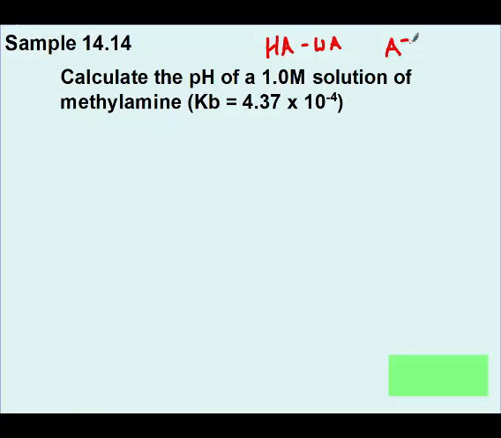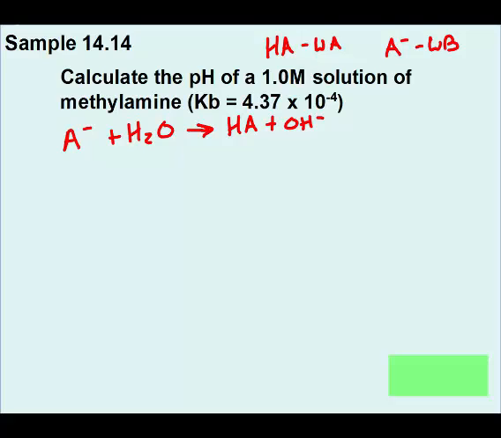You could use A negative as the general formula for any weak base. So we could just say A negative plus water is going to react to give me HA and hydroxide. And then go on at that point.